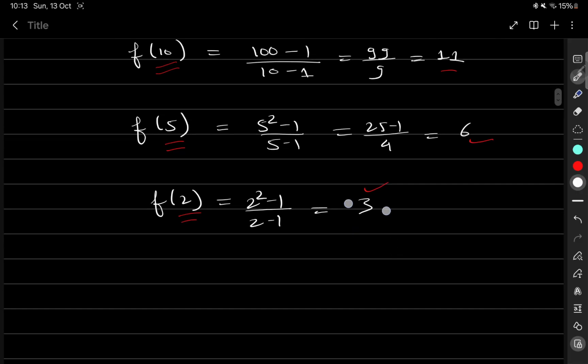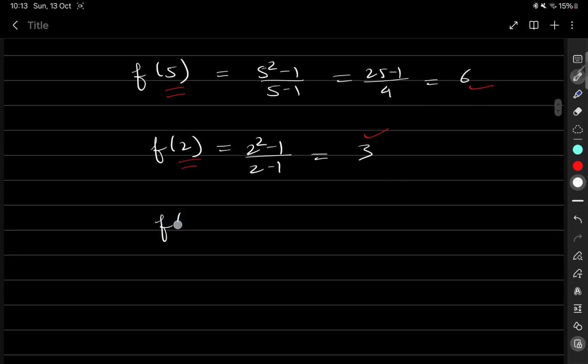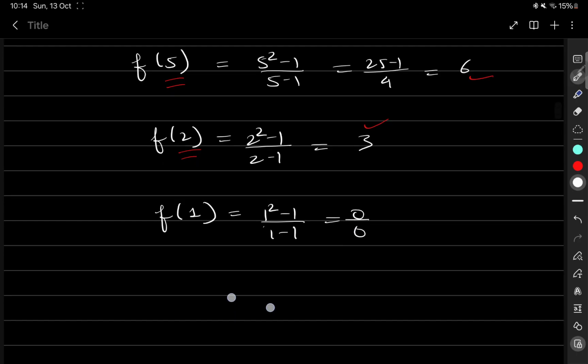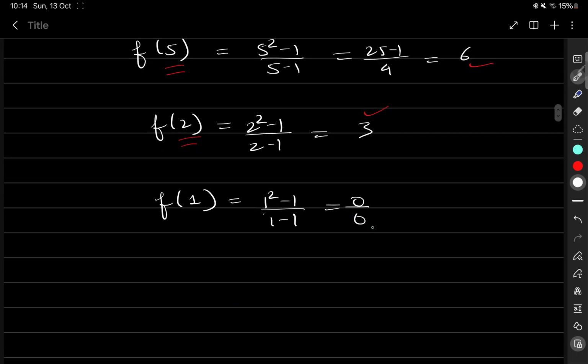Then I say, okay, let's find the value of the function at x = 1. Then what will you say? You will say, sir, this is (1² − 1)/(1 − 1), that is 0/0. In mathematics, if 0 comes in the denominator, then this should be not defined.